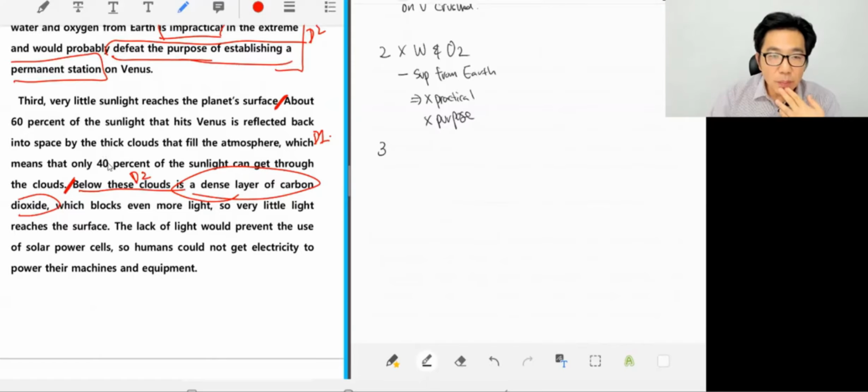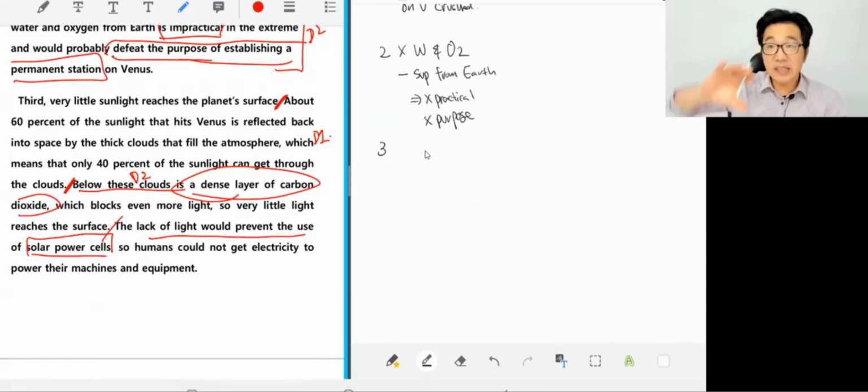Even within 40%, this layer of carbon dioxide will block some of the sunlight from the 40% left. So that's your real trouble. The lack of light would prevent the use of solar power cells. Not enough light. So humans could not get electricity to power their machines and equipment.